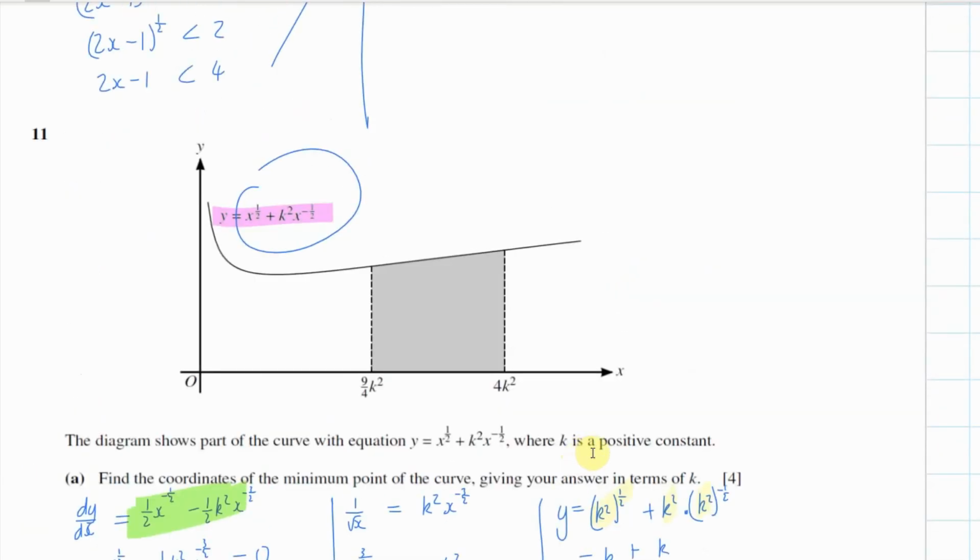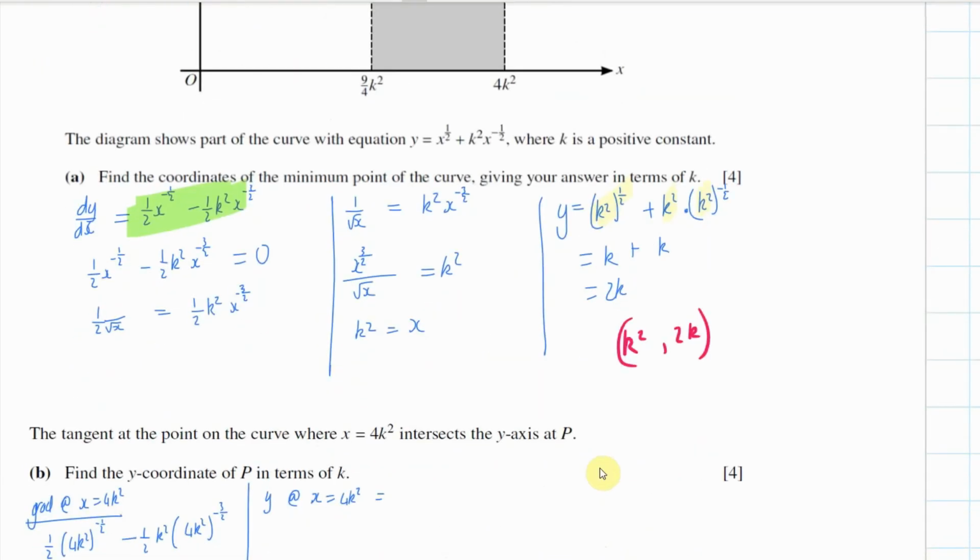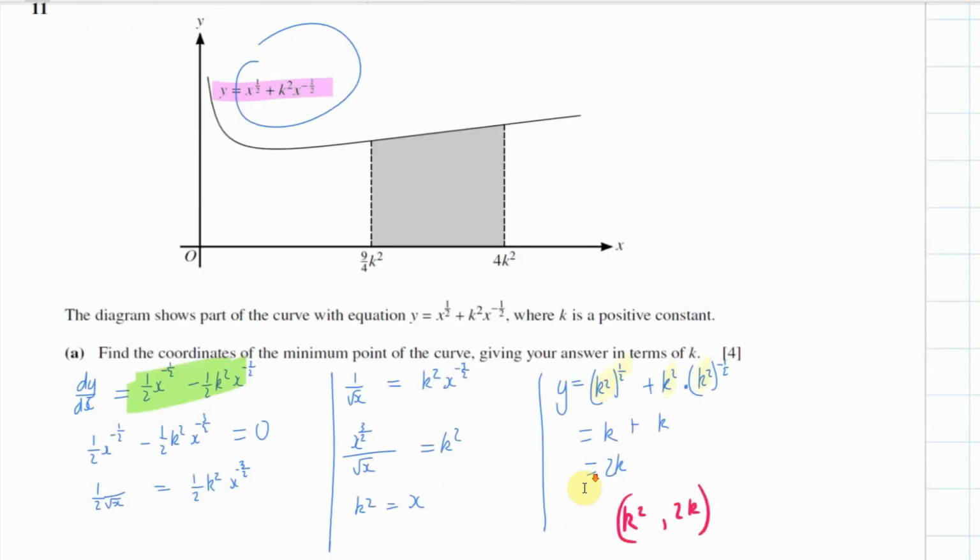So that's this bit here, x to the power of 1/2. So 4k squared to the power of 1/2, and then we're adding k squared, and then the x, which is this 4k squared, to the power of negative 1/2.